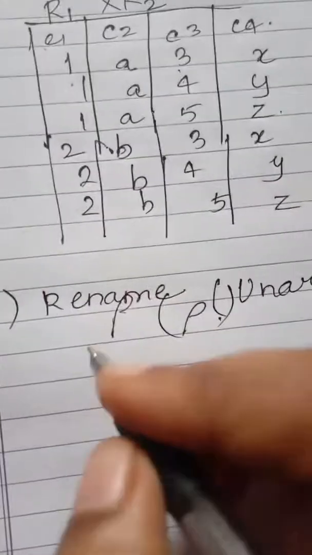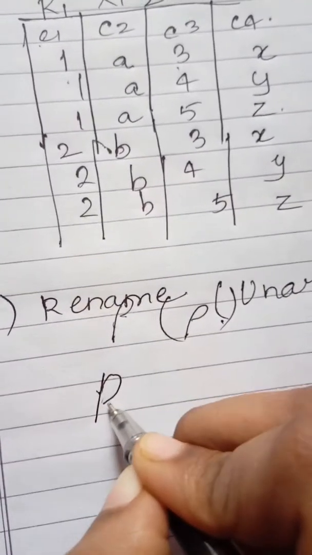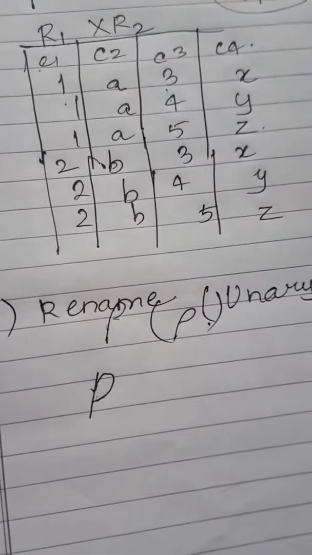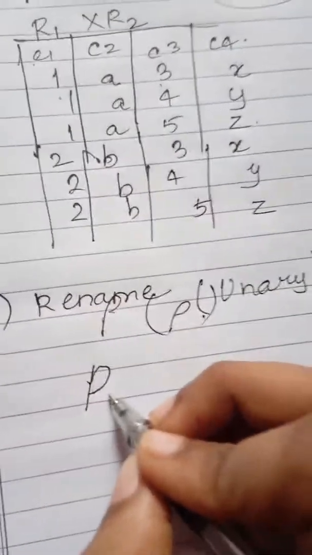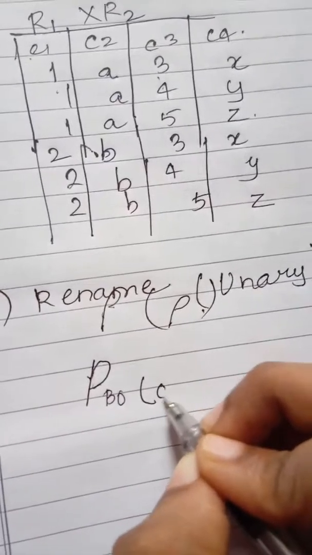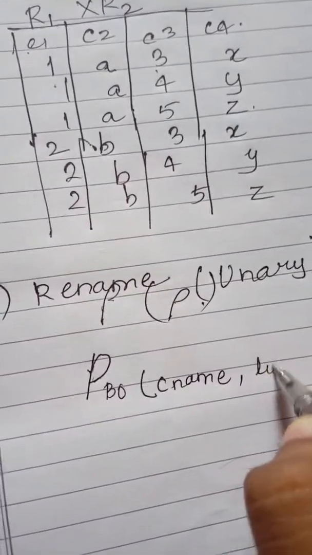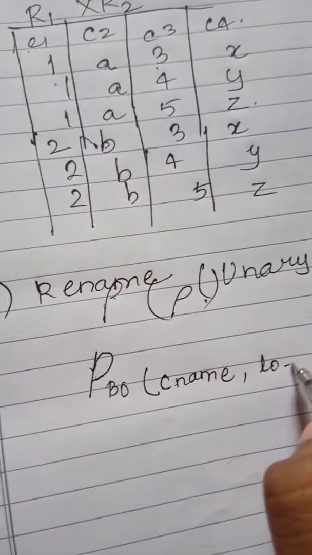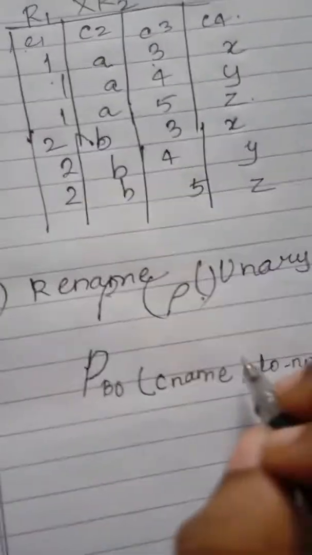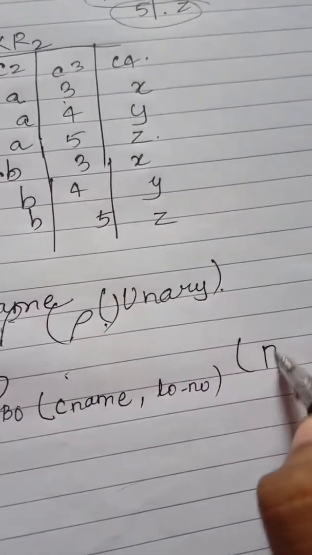Suppose there is a borrower table and we are retrieving some data. So we will write rho, then the new table name, suppose BO, then the column names: we have customer name, then loan number, so suppose I write LO number, and the name of the table is borrower.